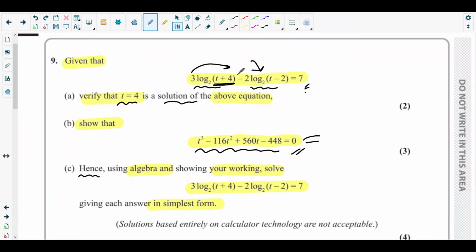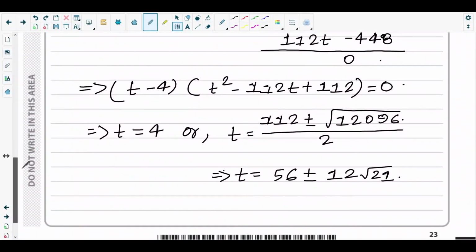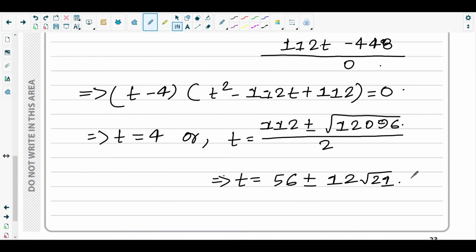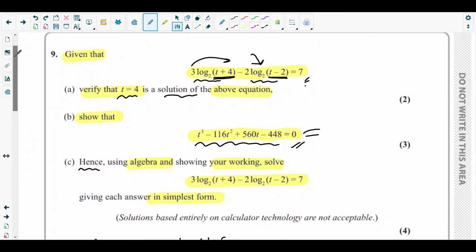That means we have to ignore the value of t which gives a negative value within the bracket of log. Now consider which value of t will give a negative value within the log. This is nothing but the smaller value of t, 56 minus 12 square root of 21. This value of t has the maximum possibility to give a negative value within the bracket.